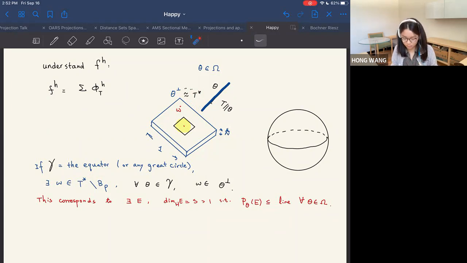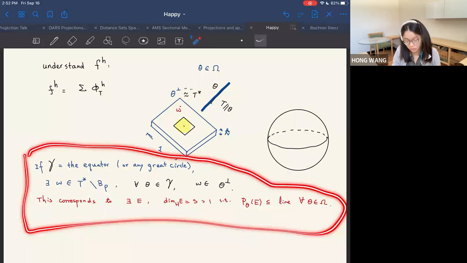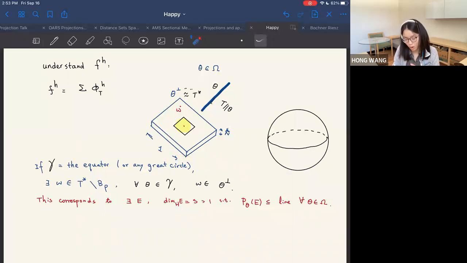Unfortunately, in our setting, we have excluded the equator. So this is one thing. This example is just to say why the high frequency part in higher dimensions is more difficult.